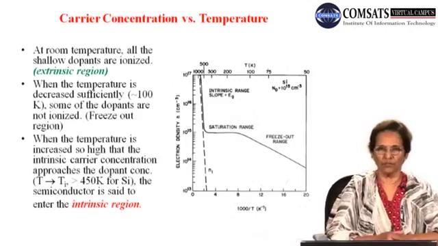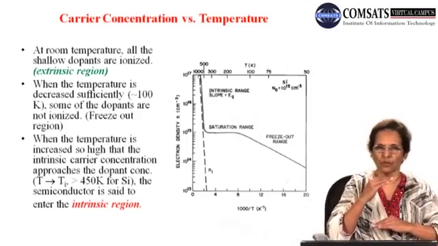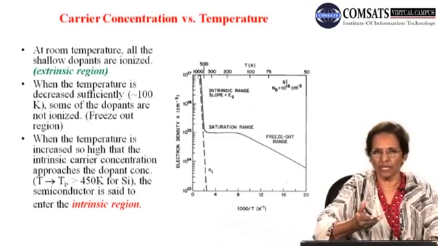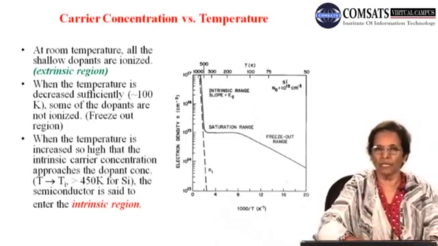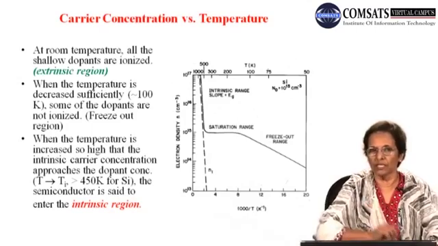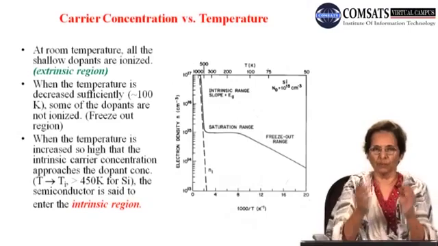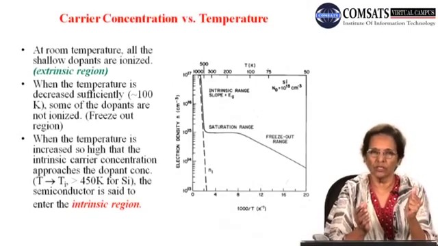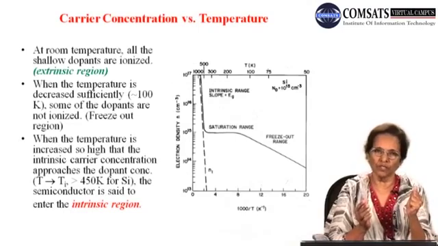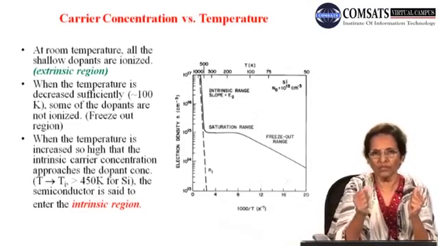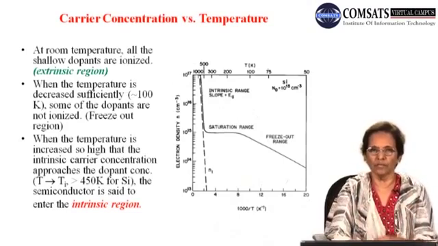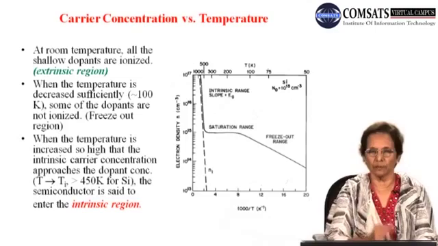So at very high temperature, the thermal generation process creates free electrons in the conduction band, which approximately become equal to the concentration of the dopant impurity that you have added. In simple terms, there are electrons equal to the dopant impurity, and now you have added an equal amount of electrons coming from the thermal generation process at very high temperature.